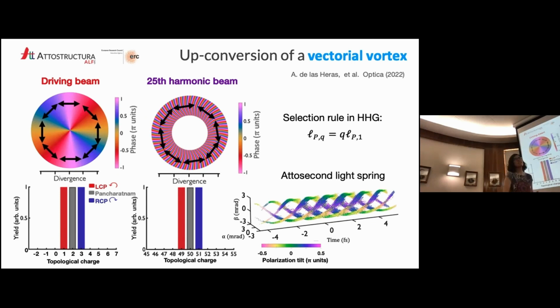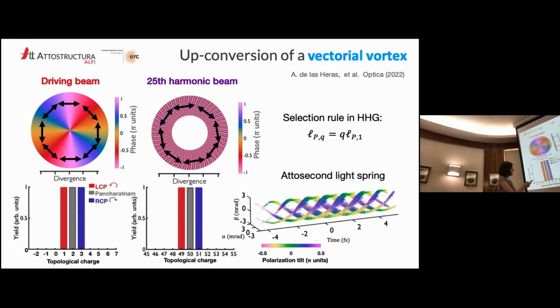Then a similar selection rule applies in high harmonic generation if we consider the Pancharatnam-Berry topological charge. This charge is defined in terms of the Pancharatnam-Berry phase, which considers the intertwined phase and polarization properties of these beams. In this case, a vectorial vortex is a superposition of two circularly polarized scalar vortices.